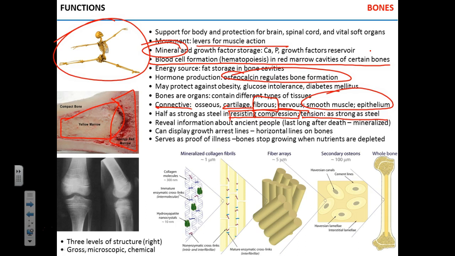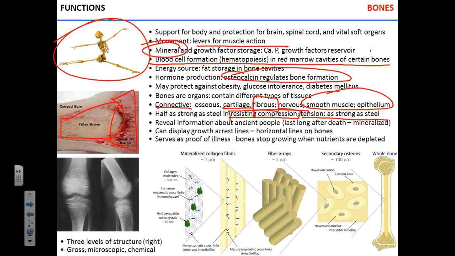Okay? To give you an idea how strong the bones are, have you seen strongman competition? They don't have any problems lifting those enormous weights. Okay? At least from the bone side. Bones can withstand really, really huge weight without being broken.